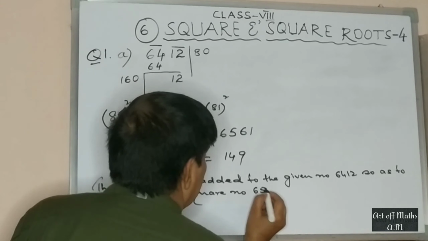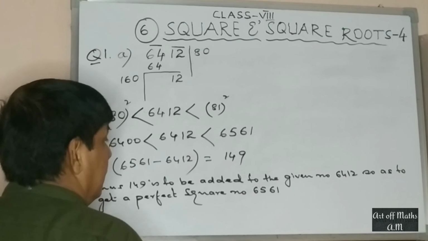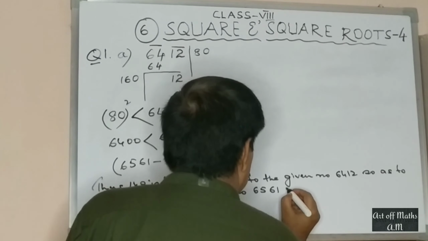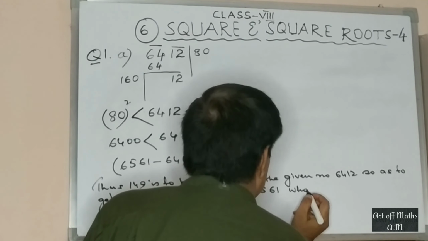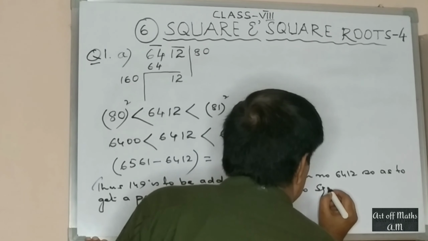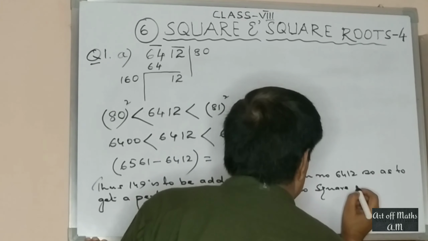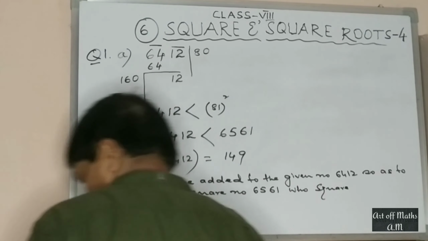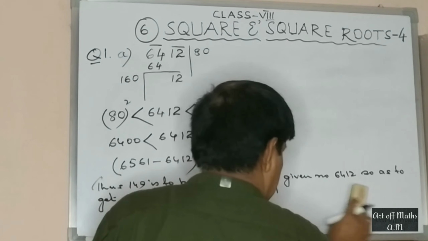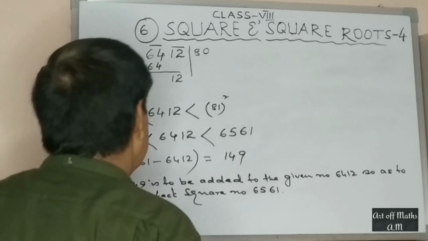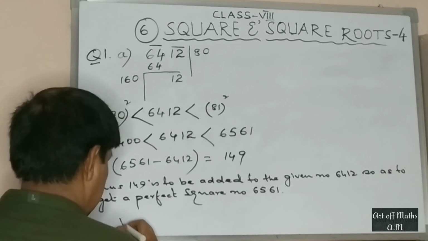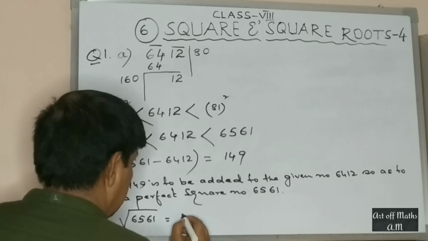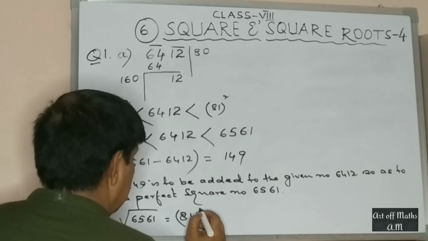That means 6561, whose square root, okay, and second one, square root of 6561, obviously 81 whole square, 81.